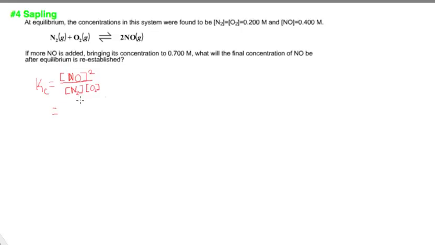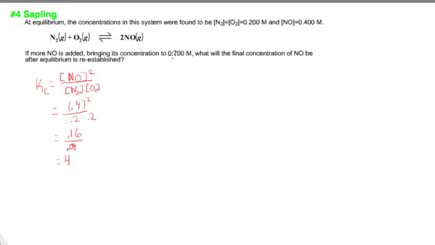So we're given the equilibrium concentrations: 0.4 squared, over 0.2 times 0.2, that equals 0.16 divided by 0.04, and that equals 4.